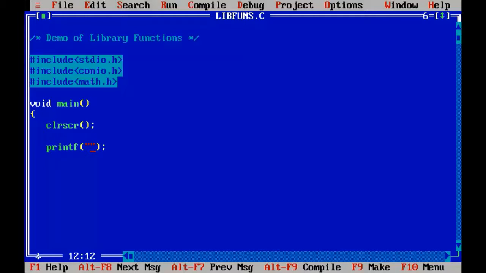So let's suppose I want to calculate the square root of a number, right? The square root of 25 is equal to %d, comma, here I'll pass the function which is sqrt. So this is the function which is going to calculate the square root of any integer given inside here.